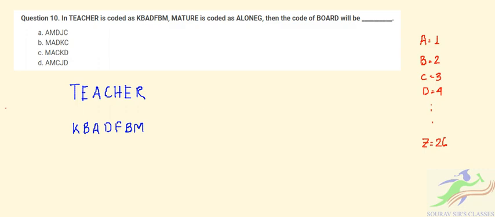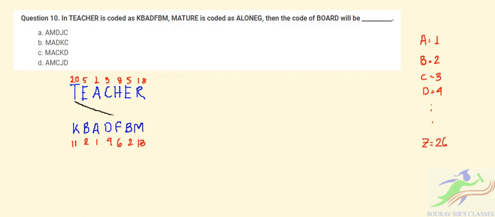Now teacher will be T 20, E 5, A 1, C 3, H 8, E also 5, and R 18. Similarly K will be 11, B is 2, A is 1, D is 4, F is 6, B is 2, and M is 13. So if you see in this manner, T to M, we have T equal to 20 and M equal to 13.